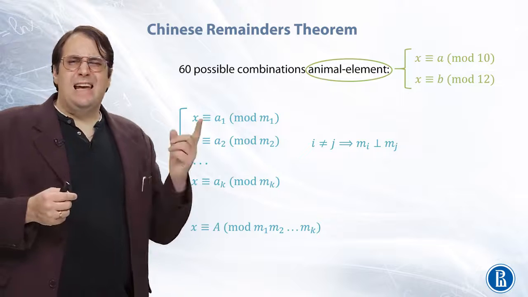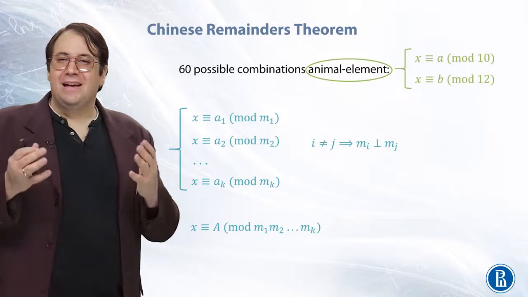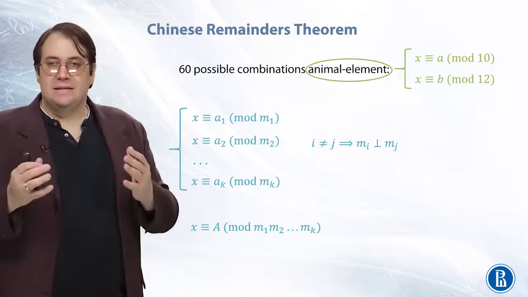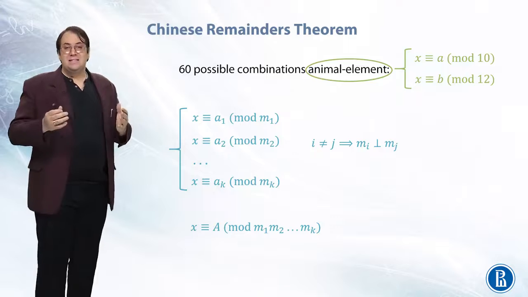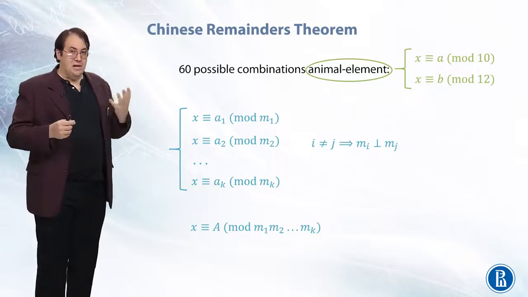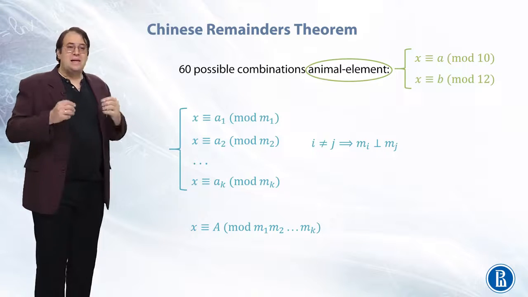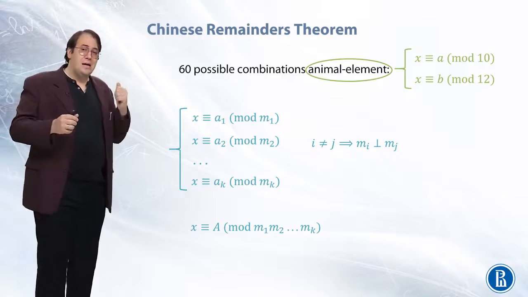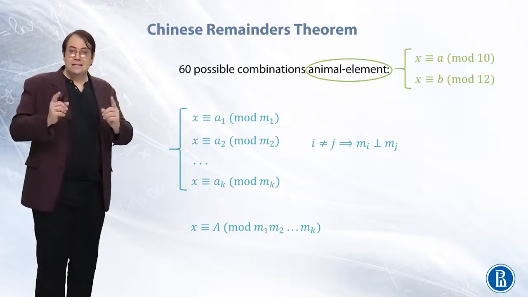Well, of course, 10 and 12 are not quite mutually prime. They simply have a common divisor 2. But nevertheless, the main Chinese remainder theorem assumes that moduli are pairwise mutually prime. So given such a system with arbitrary right-hand sides, I mean a1, a2, a3, and so on, this system has a solution.